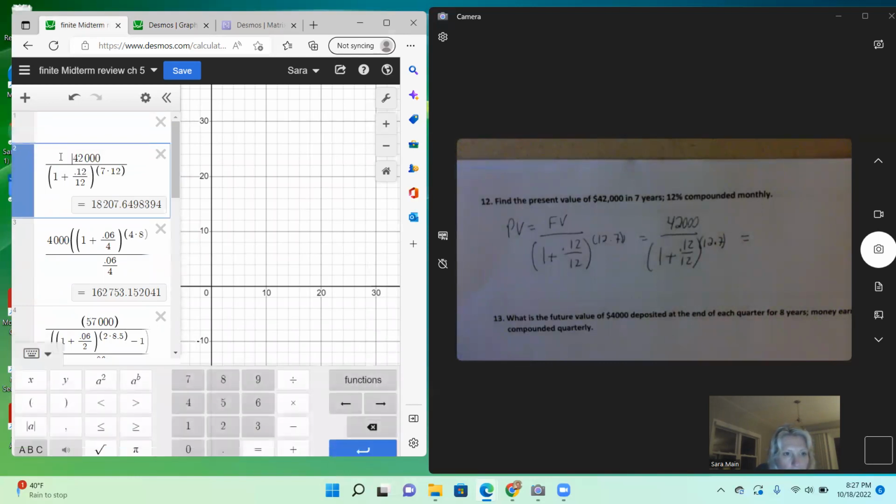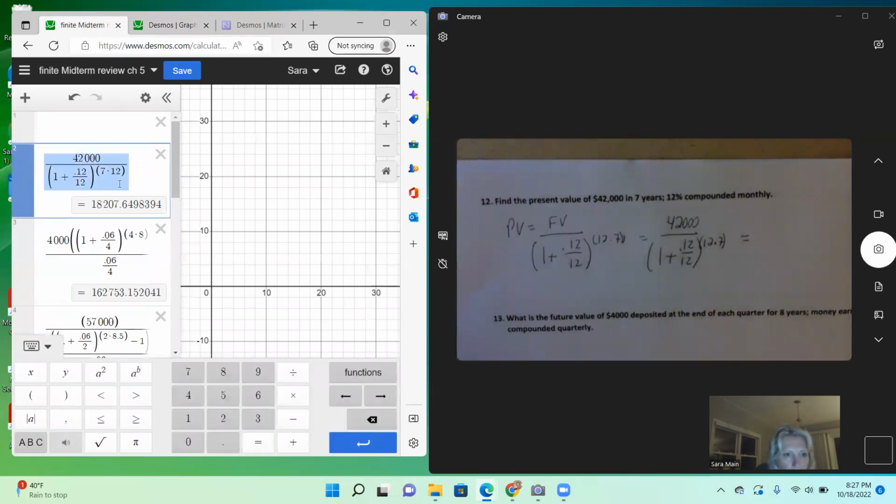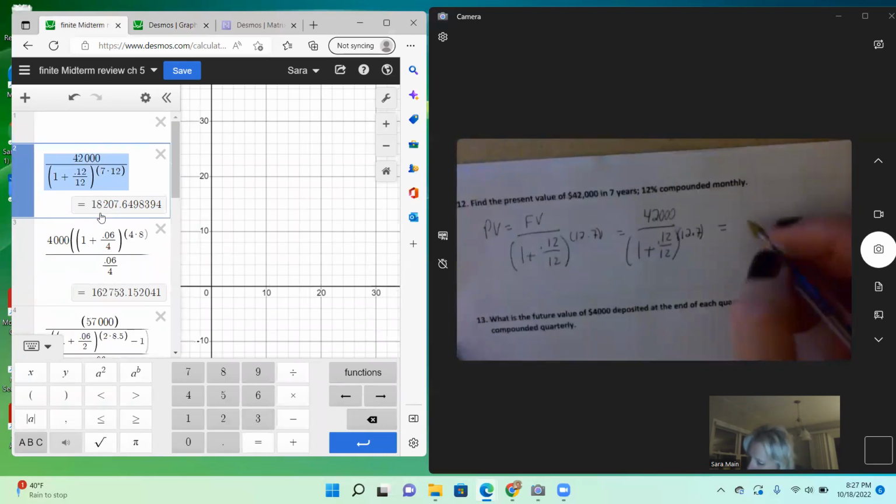So there it is right here. 42,000 divided by that is, we would have to put in $18,207.65.